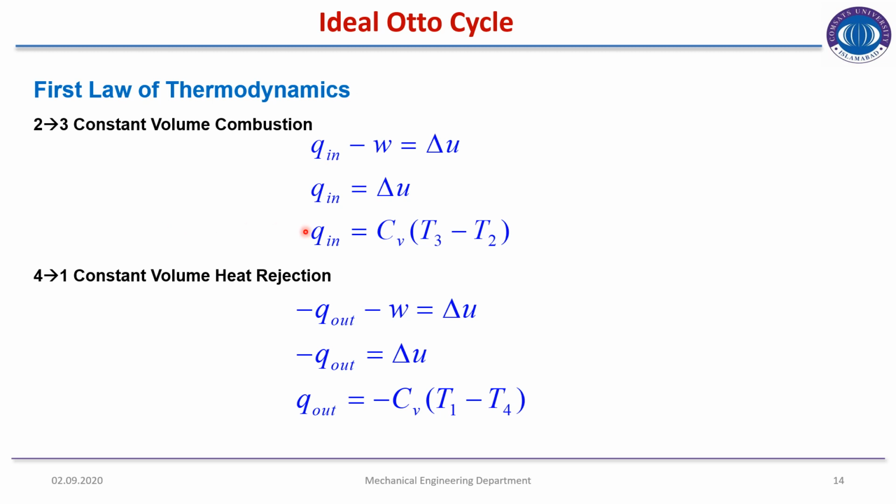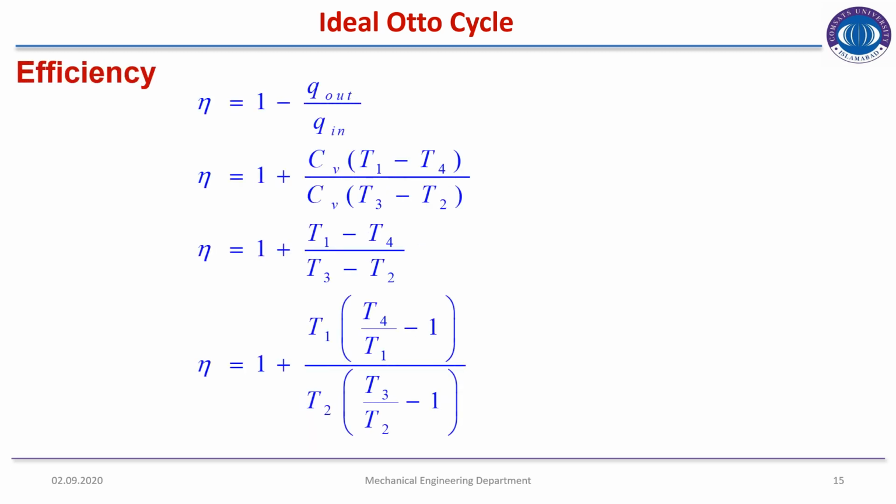For the combustion process and heat rejection process, we have the values of heat that is entering or leaving. So for the relation, we have eta is equal to 1 minus Q out over Q in. As in the previous slide, that was minus Cv, so here that minus is multiplied, and minus minus is equal to plus.